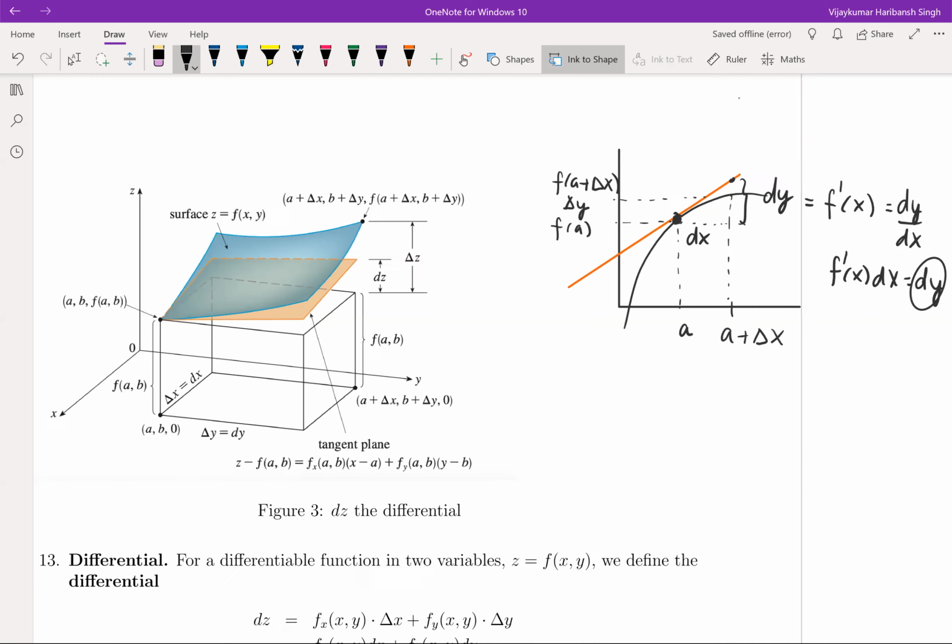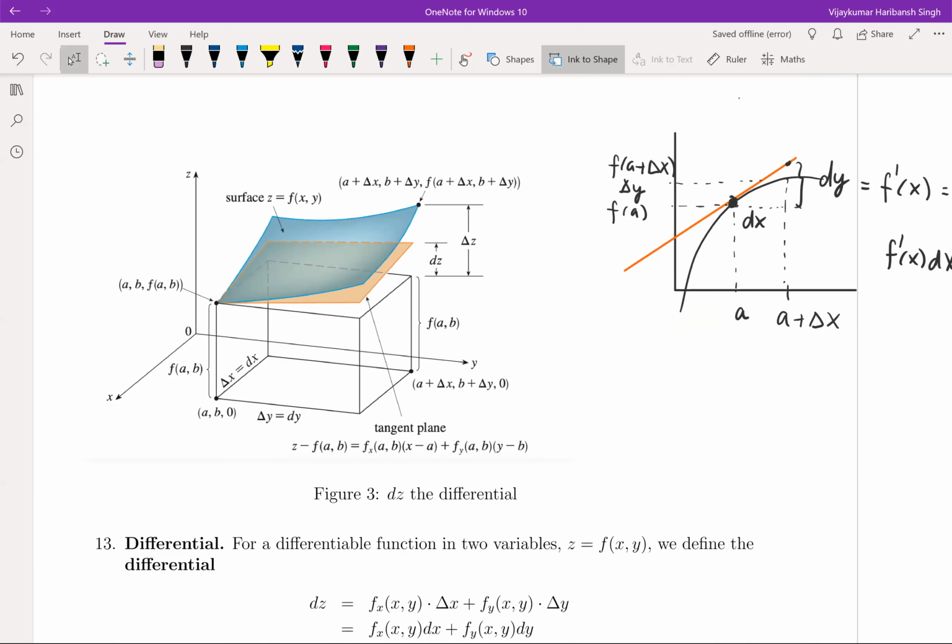Okay, so let's repeat that here. Again, we start with a point (a, b, 0). We change a to a plus delta x, and b to b plus delta y.